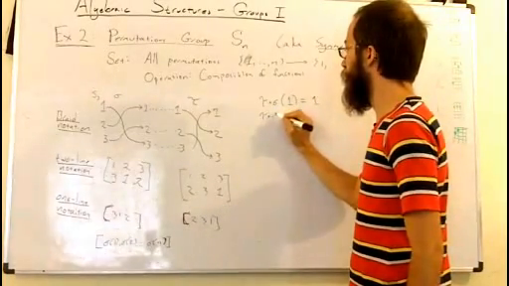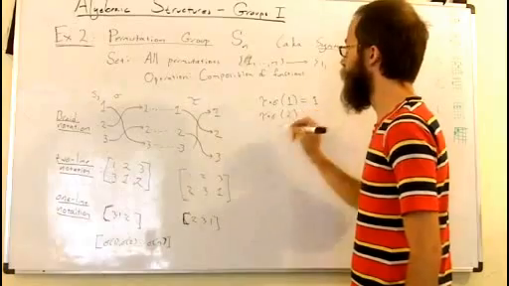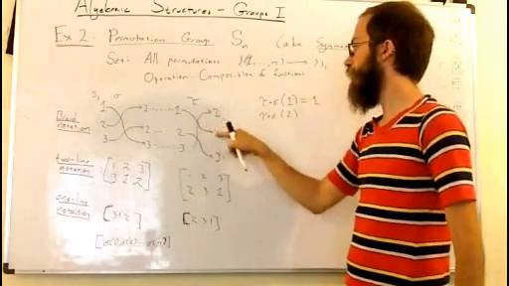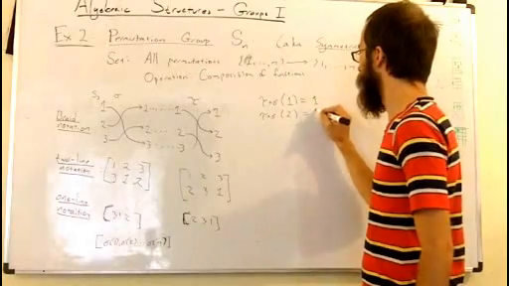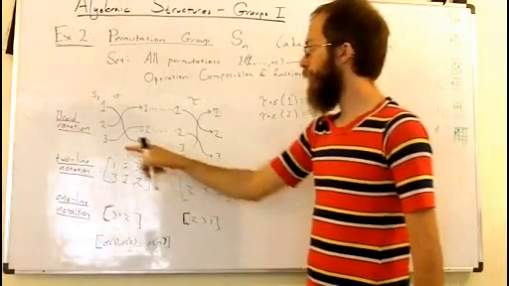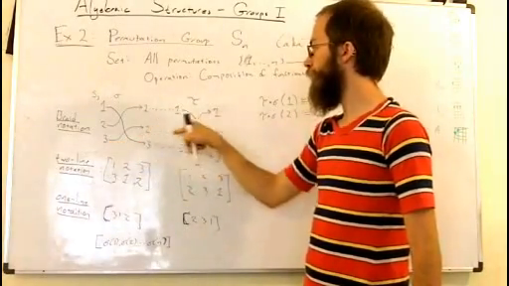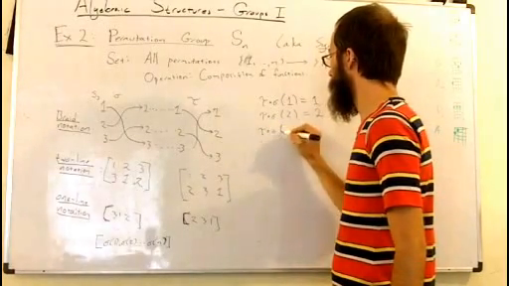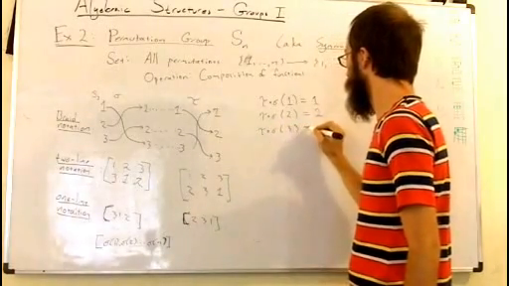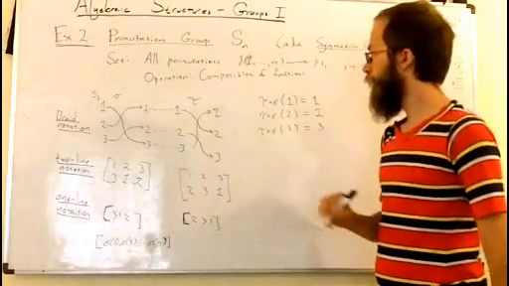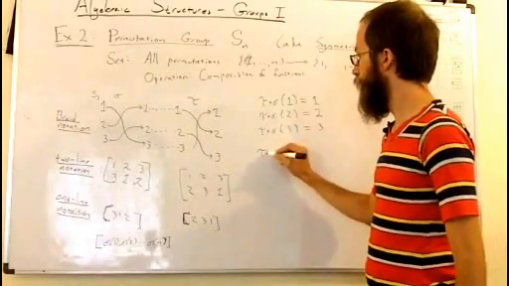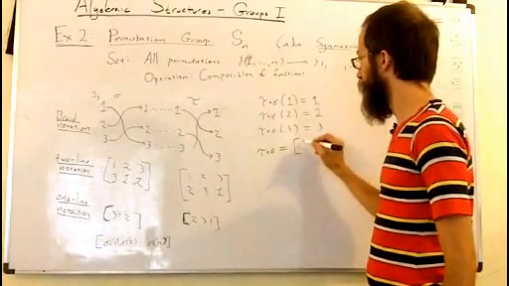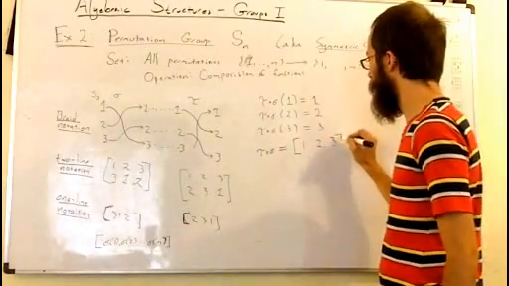If I do tau of sigma of 2, then I get 2 goes to 1, and 1 goes to 2. And if I look at 3, 3 goes to 2, and then 2 goes to 3. So that means that tau of sigma in one-line notation is just 1, 2, 3. Okay?